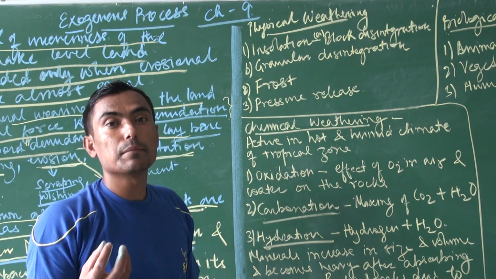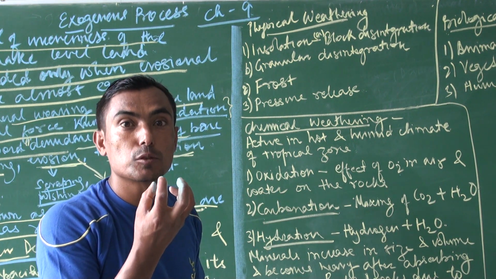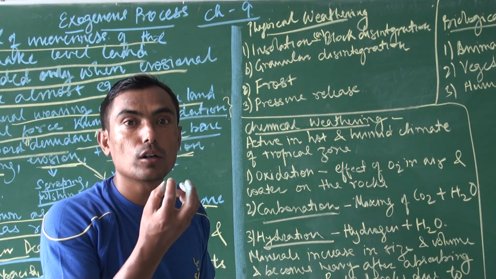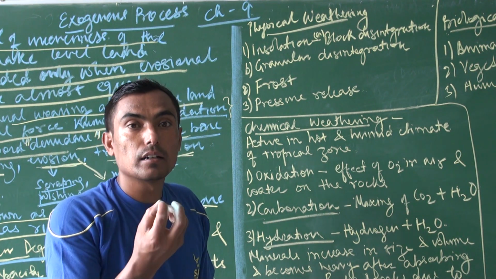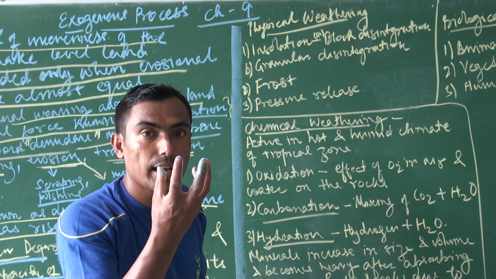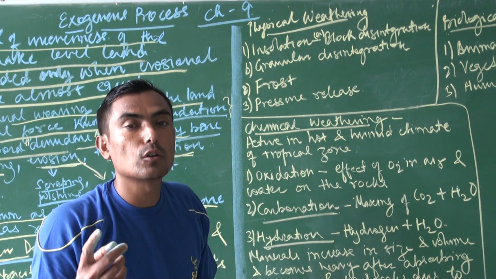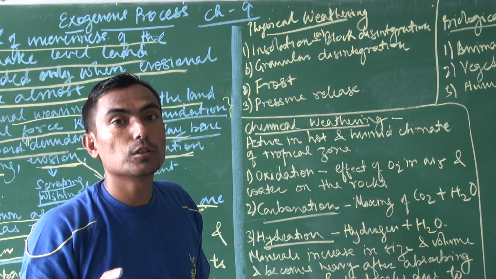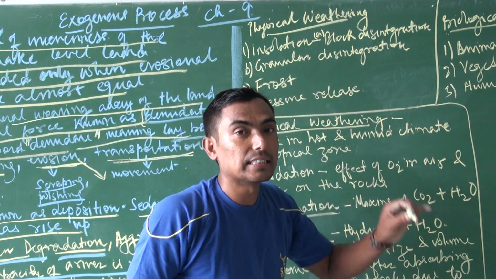So during the daytime the rock expands, and during the night time when the temperature drops below freezing, the rock gets very little time to go back to its original shape, resulting in less contraction. Due to continuous expansion and contraction, cracks form on the big rocks, resulting in those cracks breaking the rock surface, which is block disintegration.